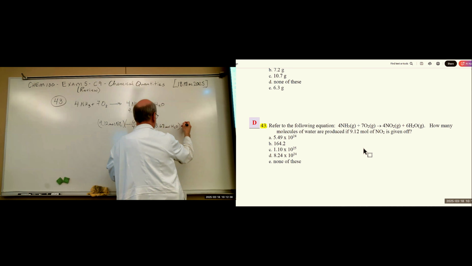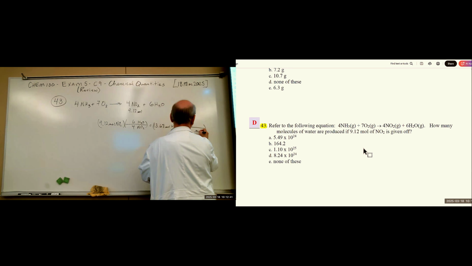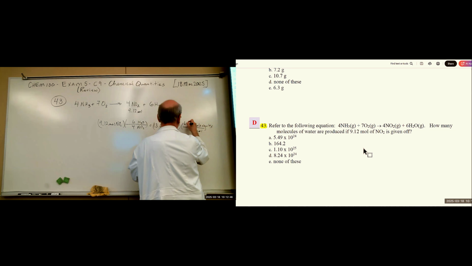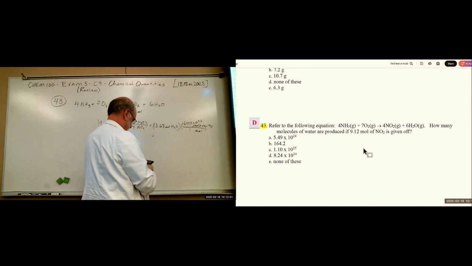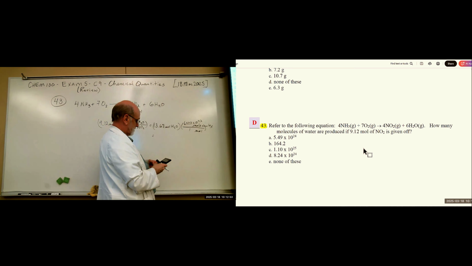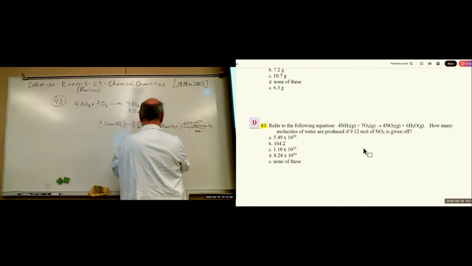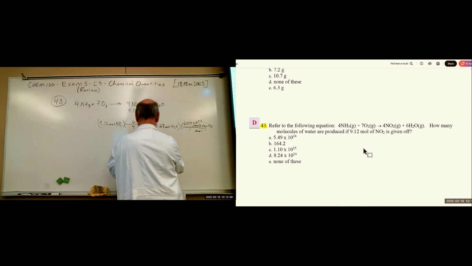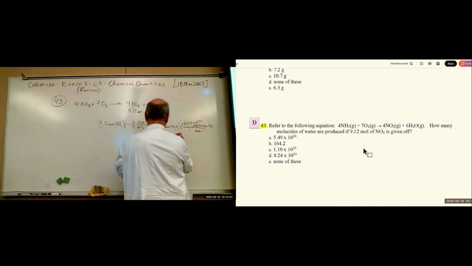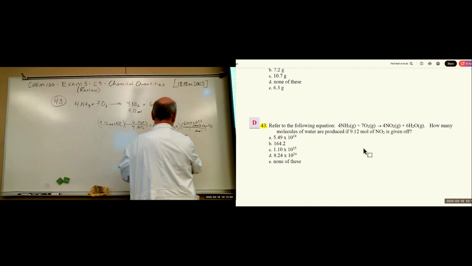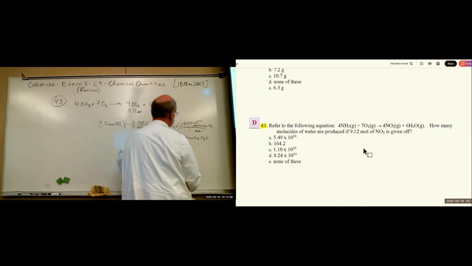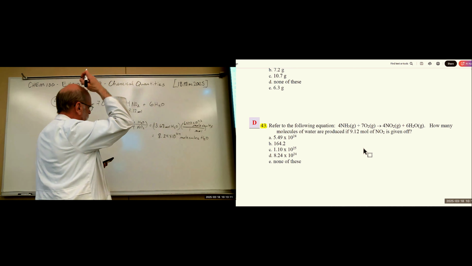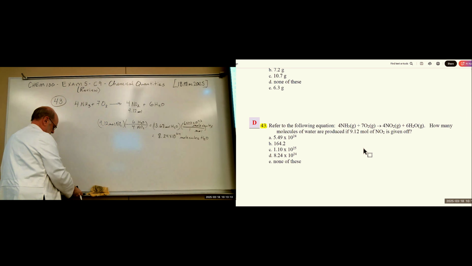And then molecules would be Avogadro's number. Three significant figures: 8.24 times 10 to the 24th.